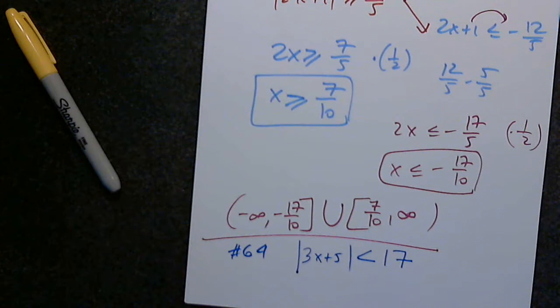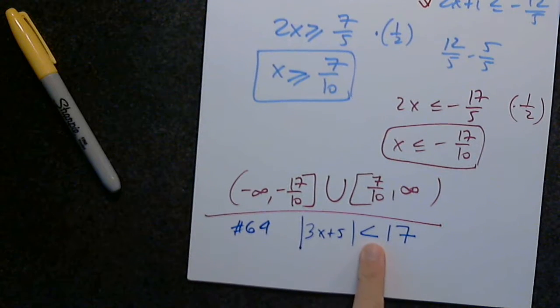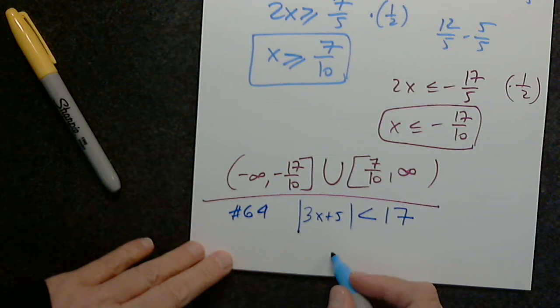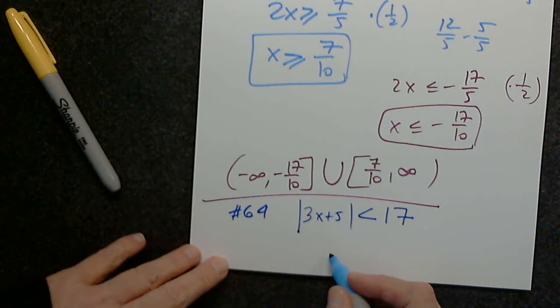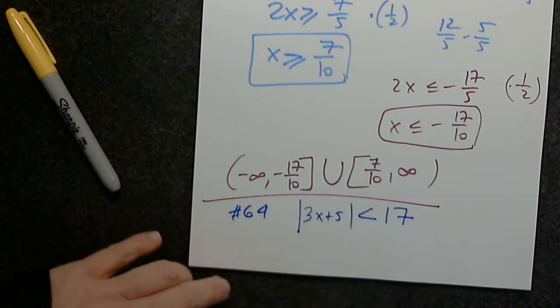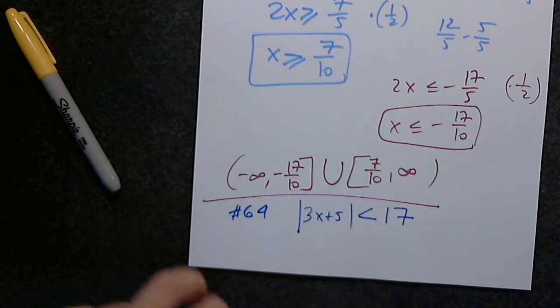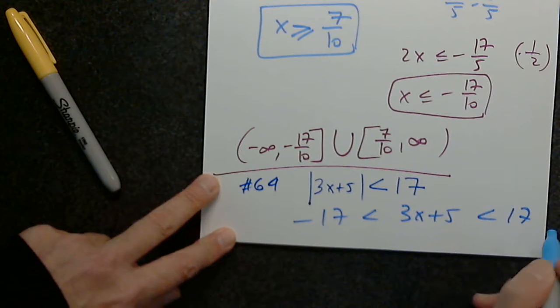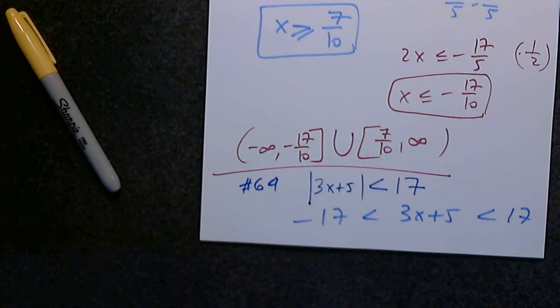It's less than 17 units. So if it's the in-between, how would you translate it into a simple inequality? Exactly. Negative 17 less than 3x plus 5 less than 17, of course. That's the easy one, a chain.